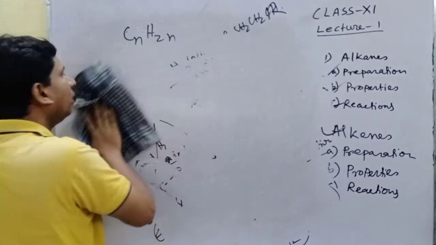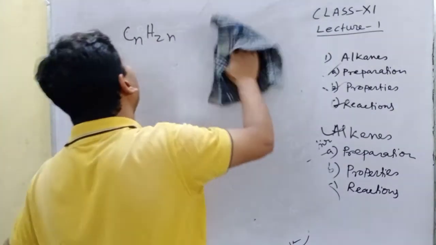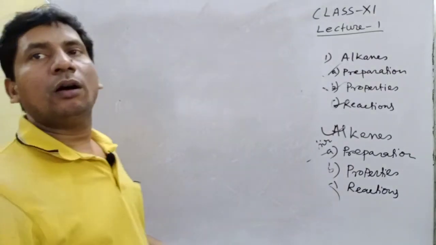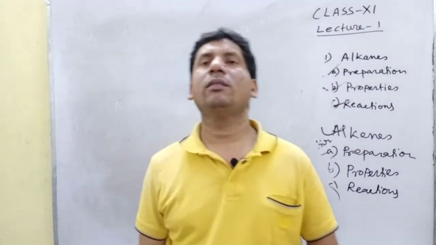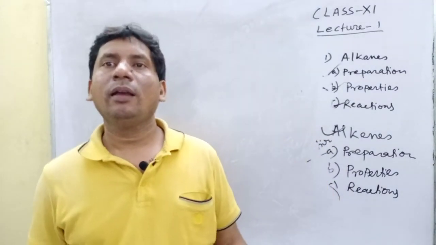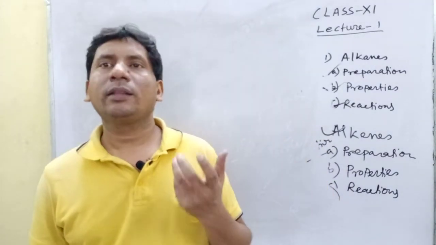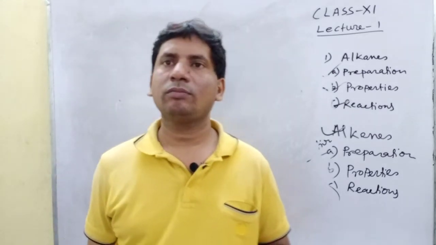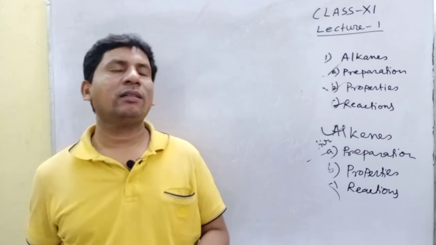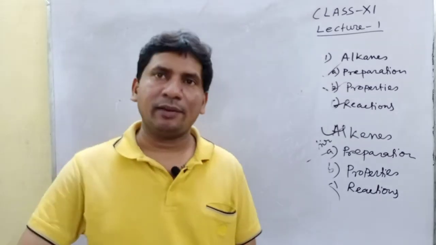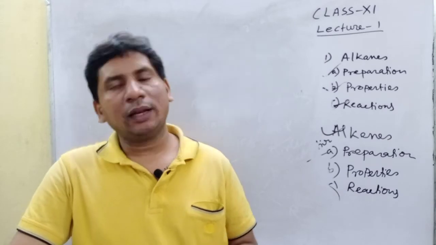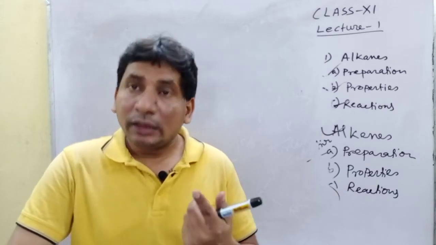This is actually the preparation of alkene, and what are the properties? There are physical properties and chemical properties also. Physical properties: the first 3 members are gaseous, the next 4 are liquid, and higher alkenes are solid. All alkenes are colorless and odorless except ethene.